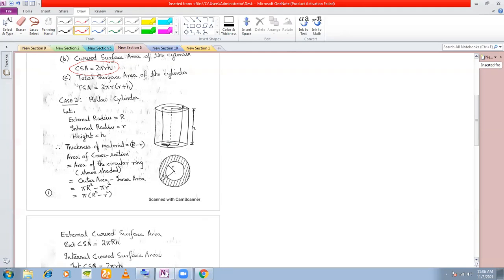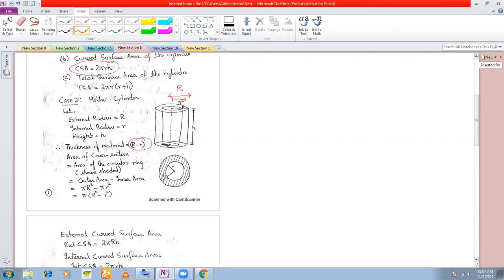In that case, you will have two radii. One will be your external radius, which is denoted by capital R, and the other will be your internal radius, which is denoted by small r. So the thickness of the material, or the thickness of the tin can that we are talking about, will be R minus r, the outer radius minus the inner radius.